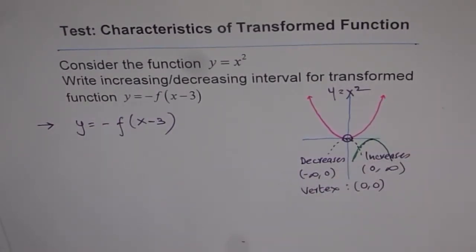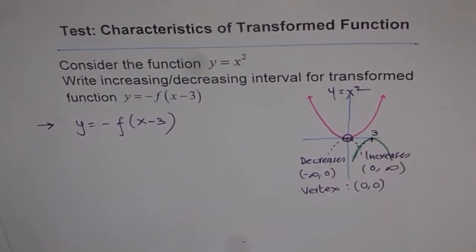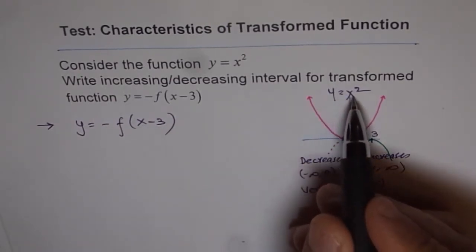Do you see that? So basically it will come here from 3, and now you know the intervals of increasing and decreasing, right? So that is how you can figure out the intervals of decreasing and increasing. Now, we could do it even without graphing. For example, in the original function, what are the intervals?